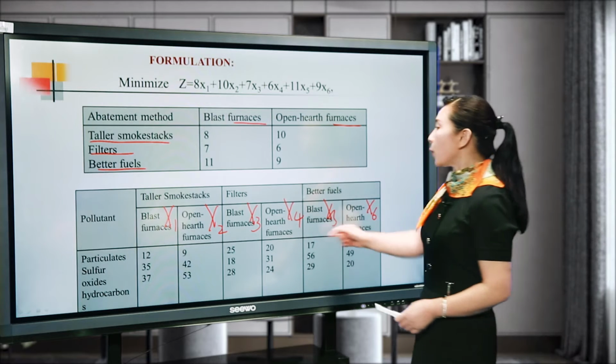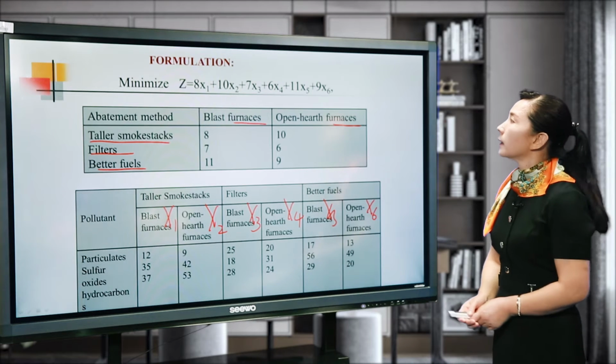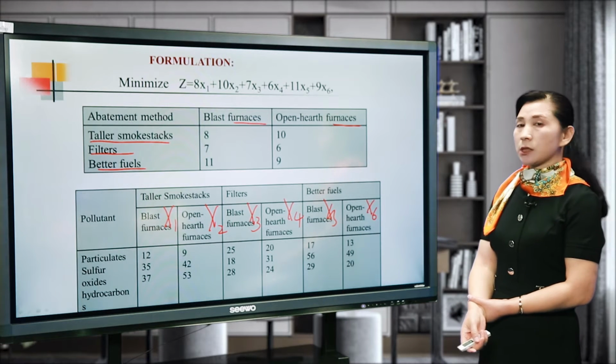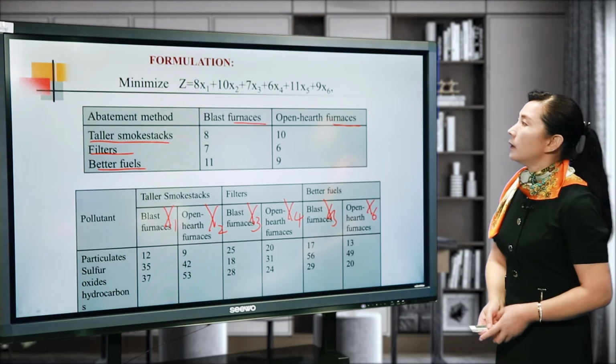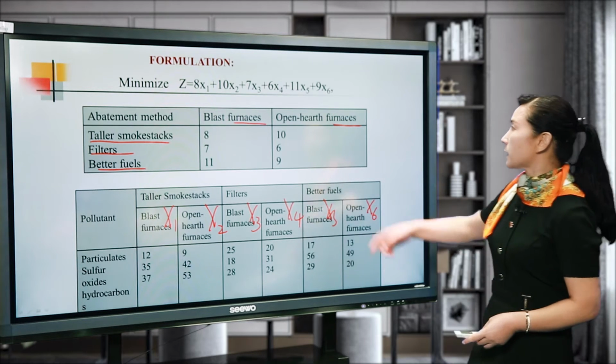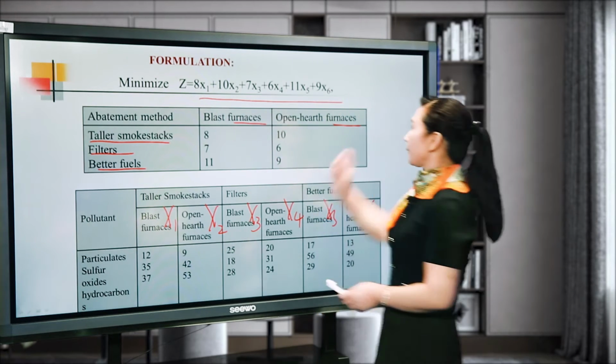This is the decision variable in this problem. And the next step is to determine the objective function. The objective function is to minimize the cost each year.